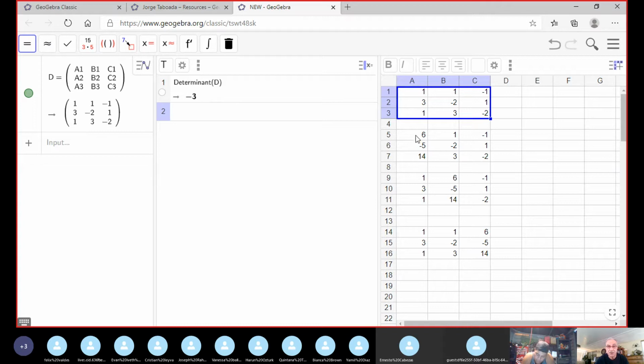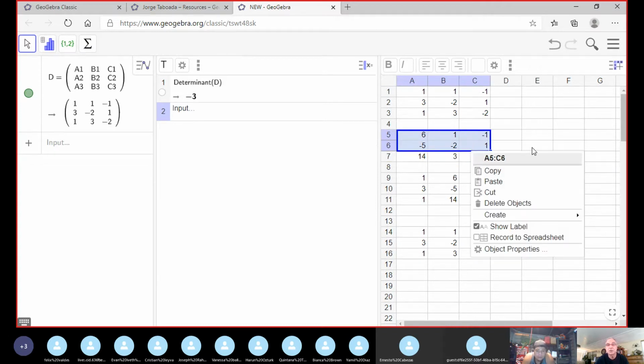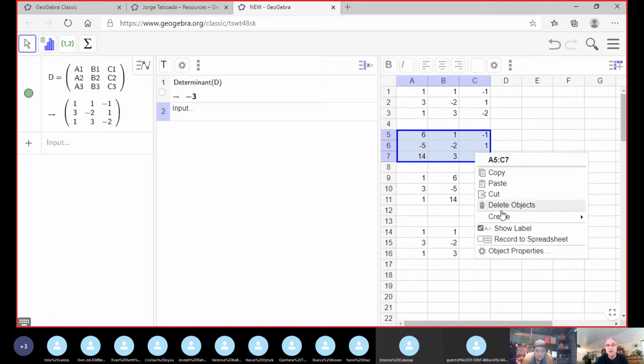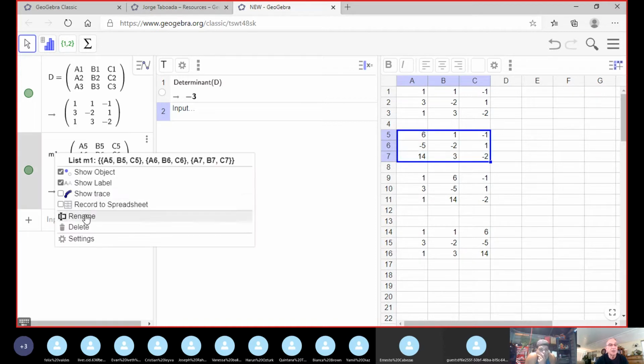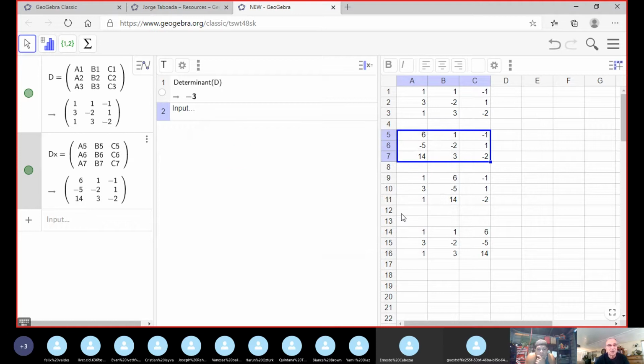-3. I select again. Create a matrix. Select everything. Right click, create a matrix. The name of this guy, rename is DX. Like that, DX. So capital D and no capital X. Either way, you can call it Maria if you want.